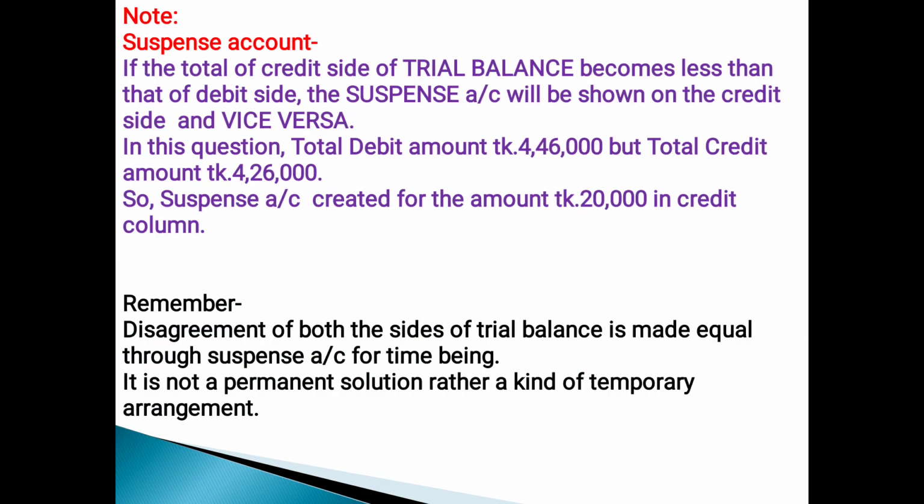If the total of the credit side of the trial balance is less than that of the debit side, the suspense account will be shown on the credit side, and vice versa. In this question, the total debit amount is taka 4,46,000, but the total credit amount is taka 4,26,000. So in this question, a suspense account is created for the amount of taka 20,000 in the credit column.